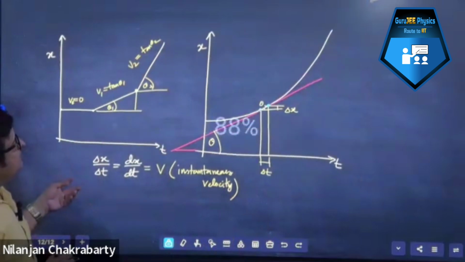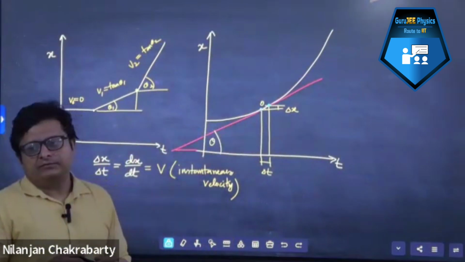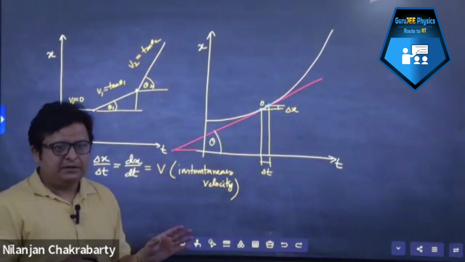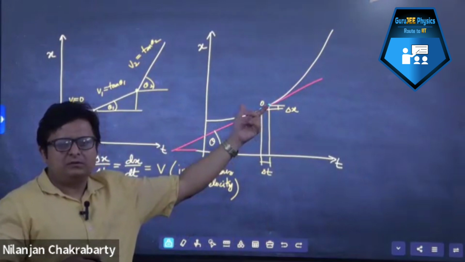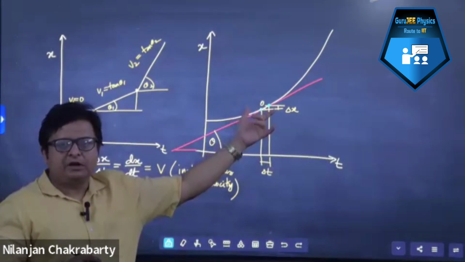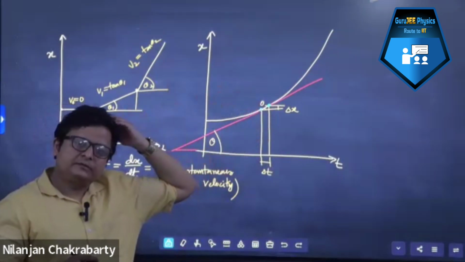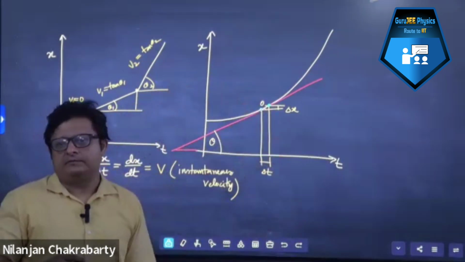So instantaneous velocity is the tangent to the curve. Understood? This is a tangent, right? These two points are so close, tangent to the curve at a point.